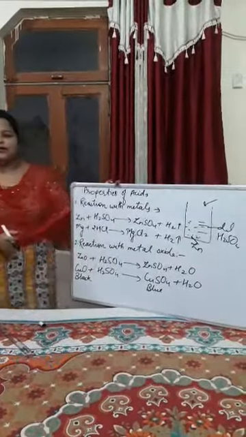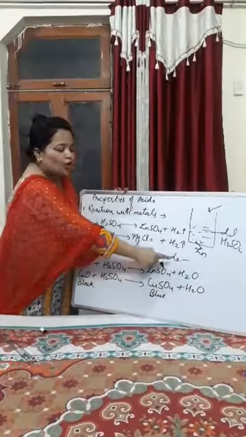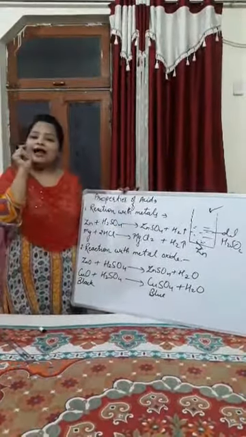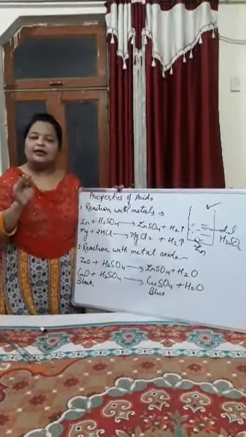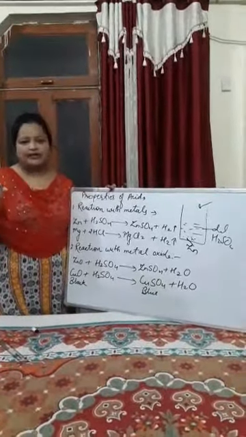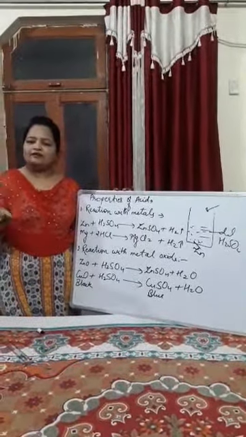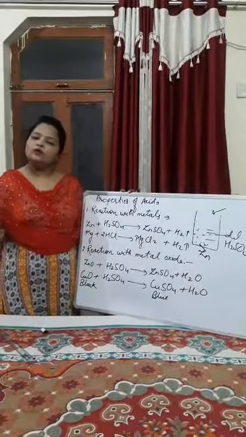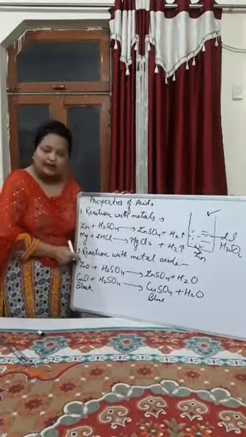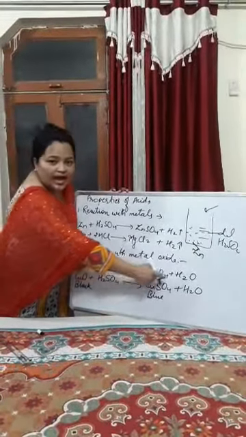The second property of acid is the reaction of acid with metal oxides. Now, metal oxides are generally basic in nature. और हमने neutralization reaction में पढ़ा था, whenever any acid reacts with a base, it forms salt and water. तो जब कोई metallic oxide acid से react करेगा, then it will form salt and water.